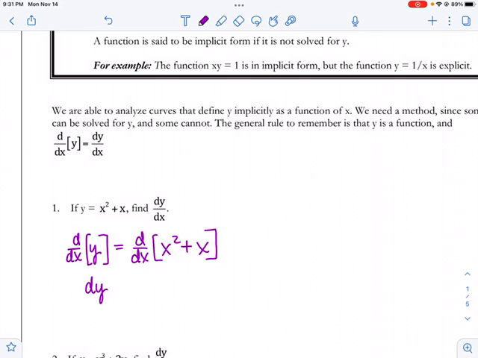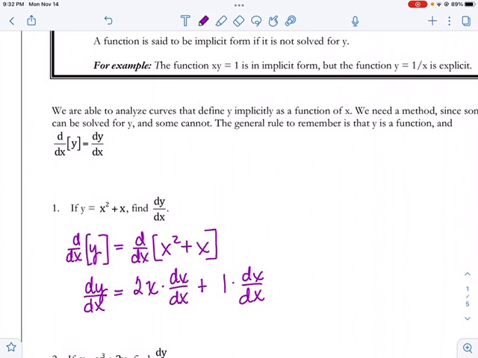So you're going to get dy/dx on the left-hand side, but on the right-hand side, taking the derivative with respect to x, you could say it's 2x times dx/dx, which is equal to 1 anyway, plus 1 times dx/dx, using the chain rule.